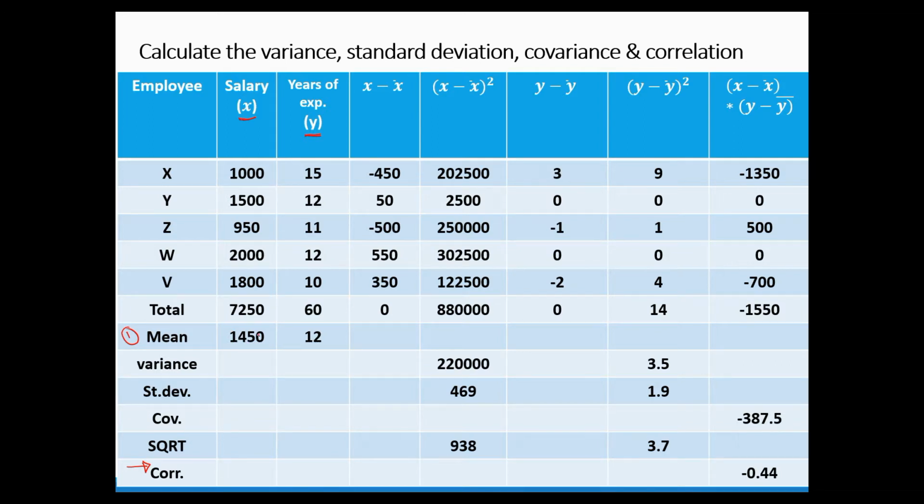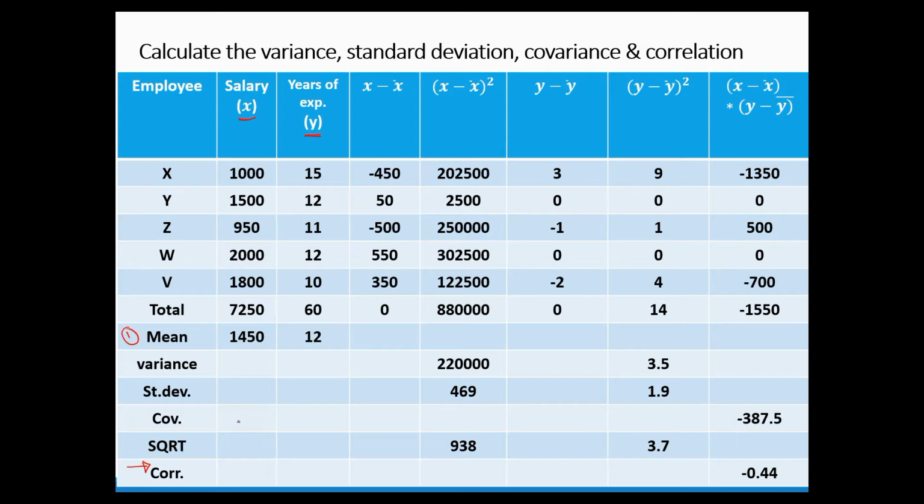This is the mean salary of all the employees in the company, and the average number of years is 12. It's obtained by dividing the total years of experience of the 5 employees by 5. It's 60 by 5. In this case we obtain 12.